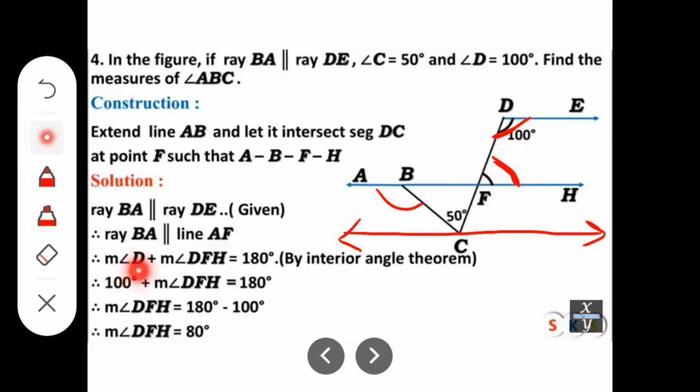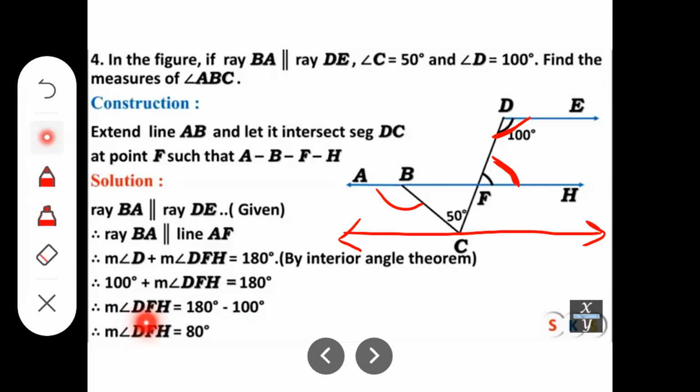Let's write this step: angle D plus angle F equal to 180 degrees by the interior angle theorem. Now put the value of angle D, that is given as 100 degrees, plus the measure of angle DFH equal to 180 degrees.